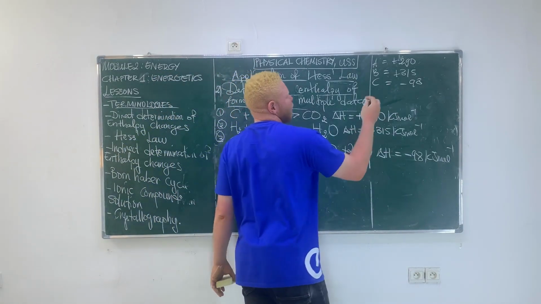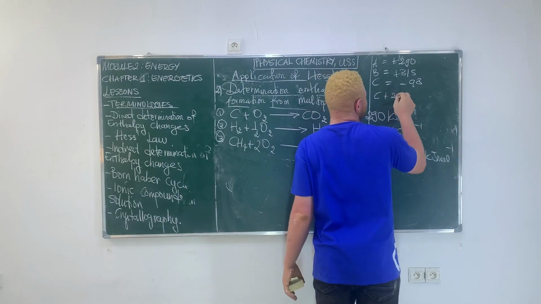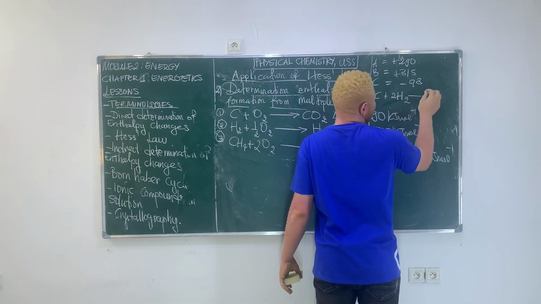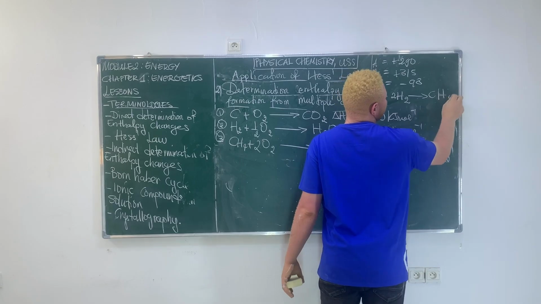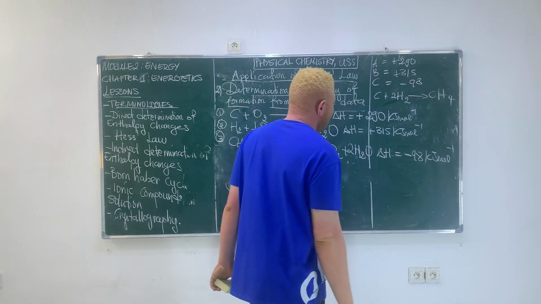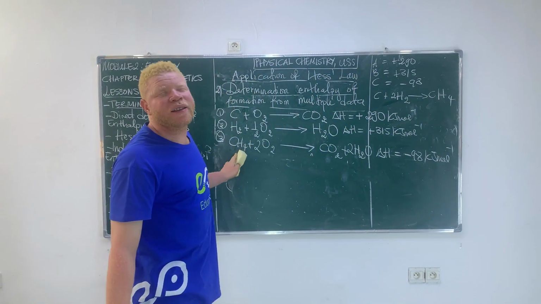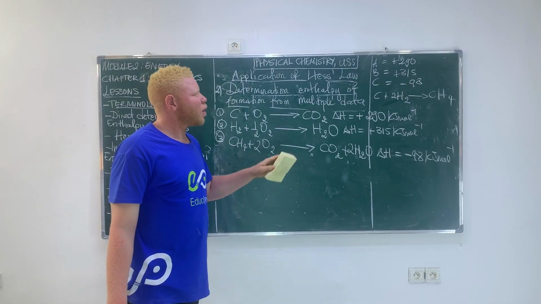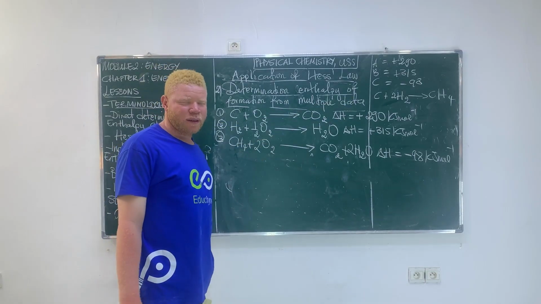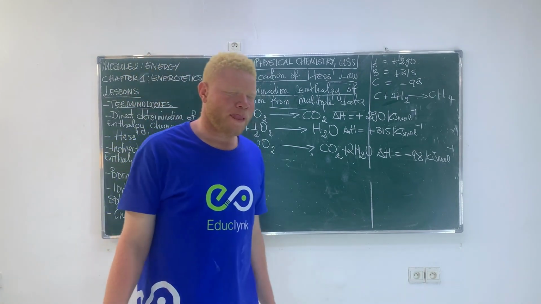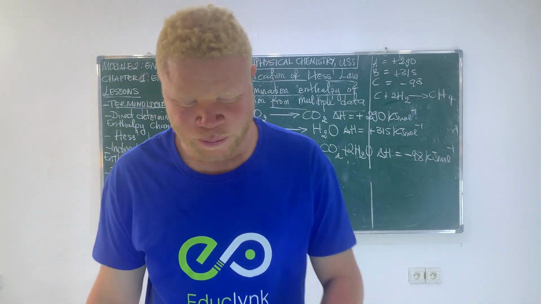So let me copy. The final equation is C plus 2 H2 yielding CH4. I realize that the CH4 here is on the left, but in the final equation it is on the right. So first, I reverse the equation.